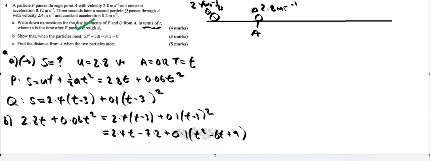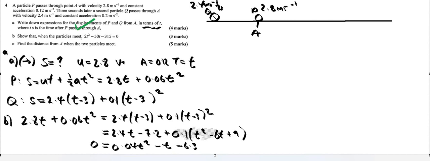Then I take that out, collect my terms together, and I'm going to take away 0.06 t squared, and I get 0 over here. I get 0.04 t squared minus t minus 6.3, and I have nothing left over here.